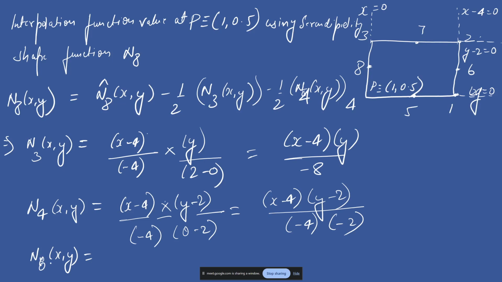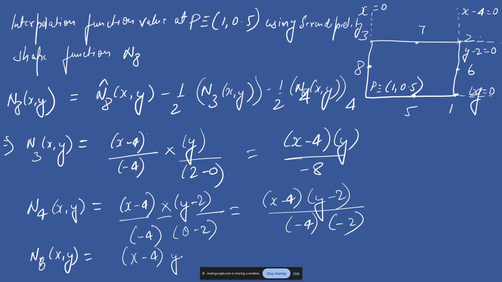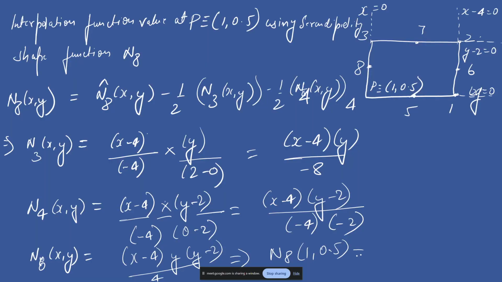Then you need to evaluate N. So the final N which will come to you is x minus 4, y minus 2 upon 4. So accordingly you can evaluate what is the N of 1 comma 0.5, and answer which is there with us 0.56.